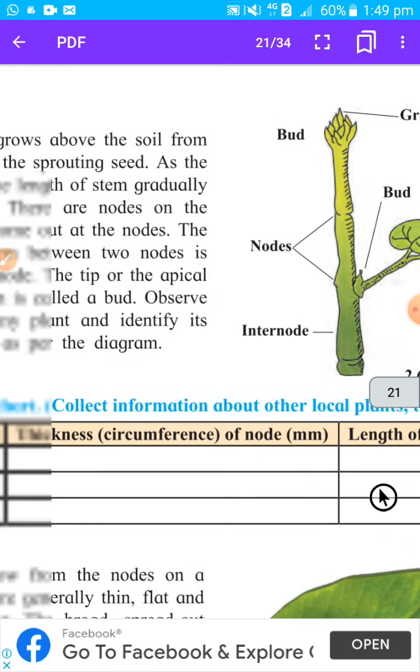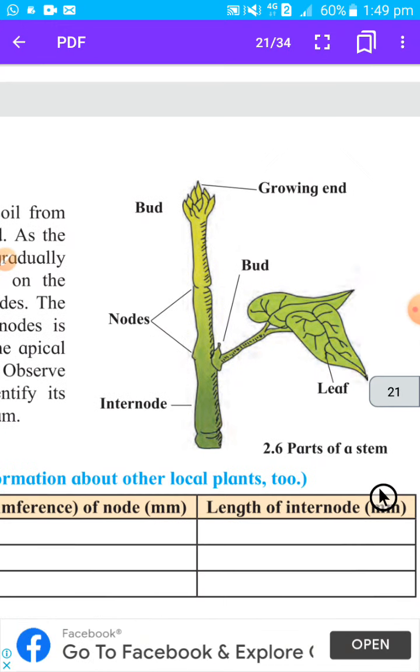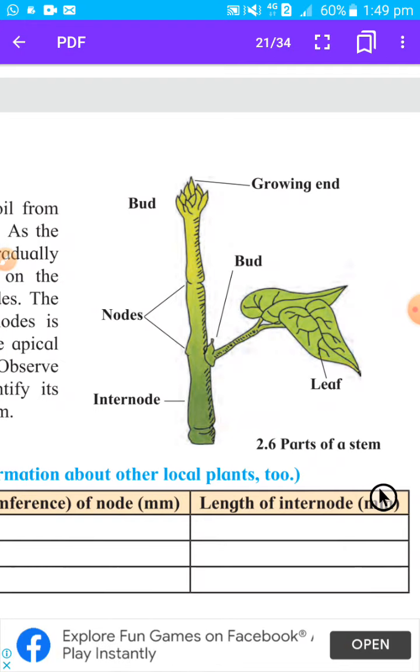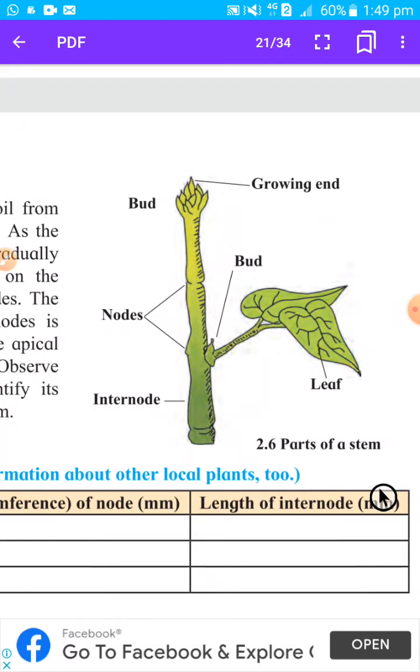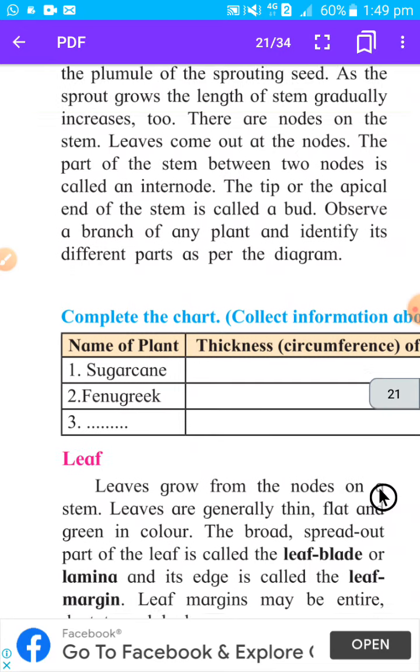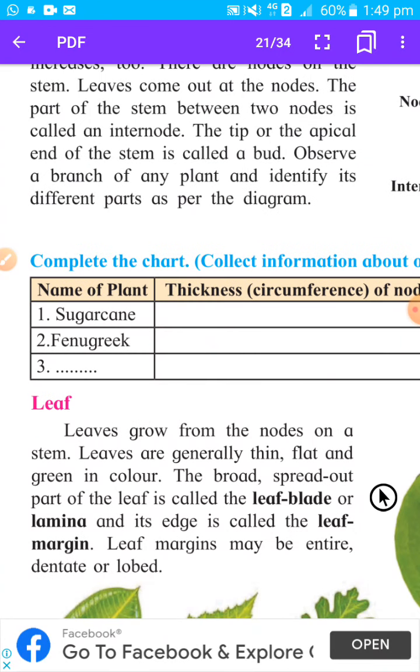And from the apex or upper end of the stem there is a growth of bud, which is also called the growing end. It is not the bud from which a flower comes. It is a different type of bud. It is a growing end from which further the stem will grow. Understood? So don't confuse it with the flower bud.